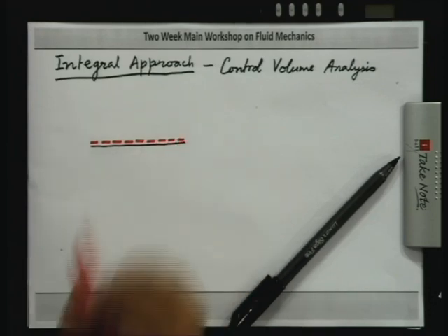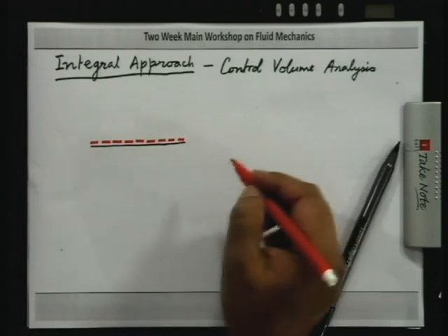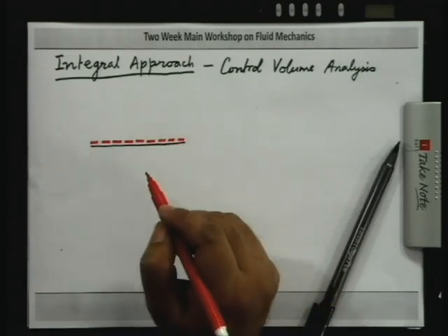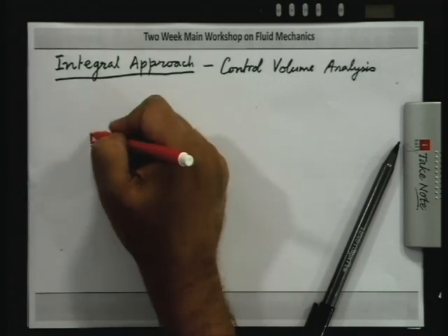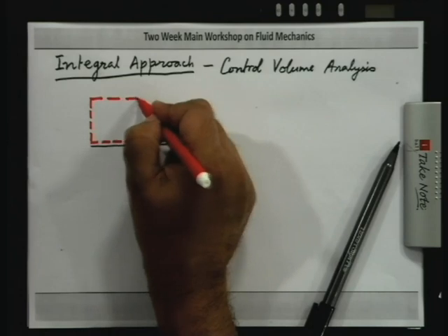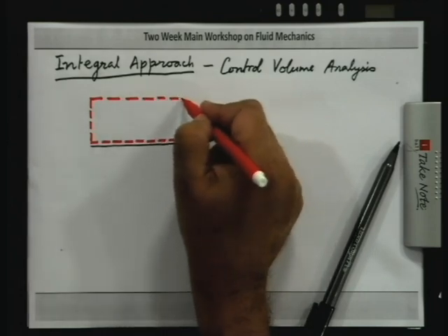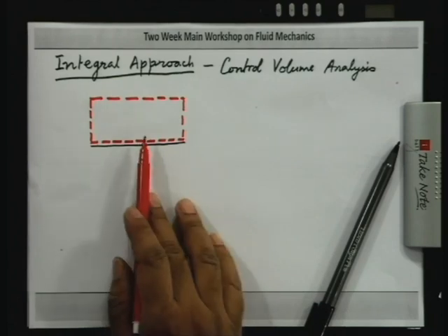So, this I have indicated by dotted lines. One of the surfaces of the control volume has to coincide with the plate if you want to find the drag on the entire plate. Now, you can take a rectangular control volume and apply your conservation of mass and momentum to this control volume.